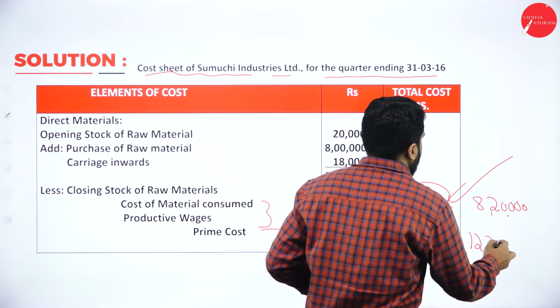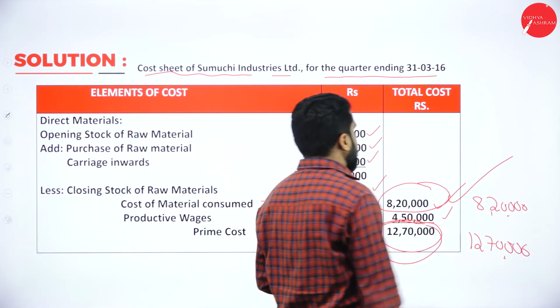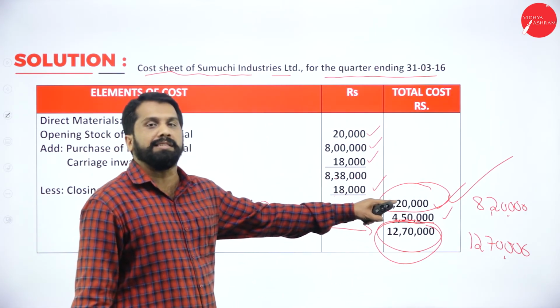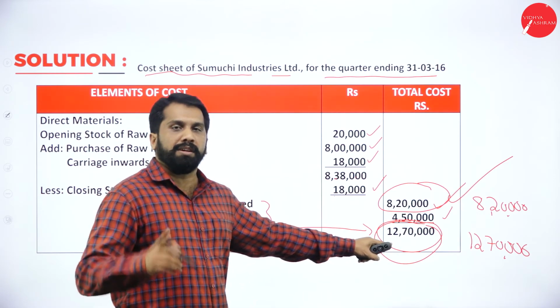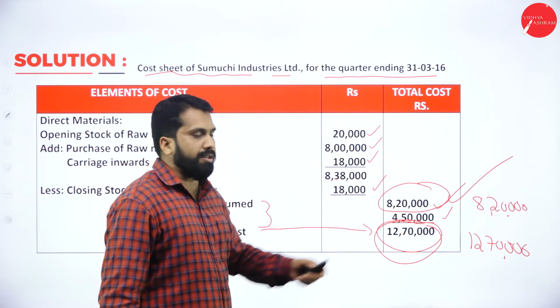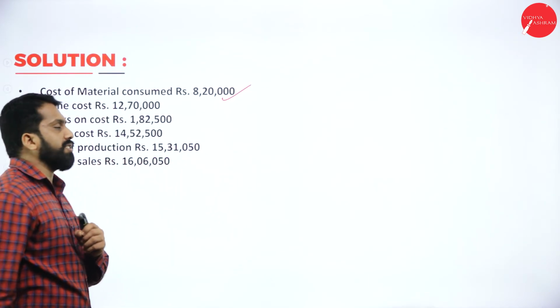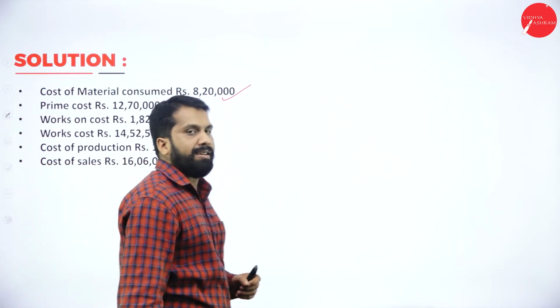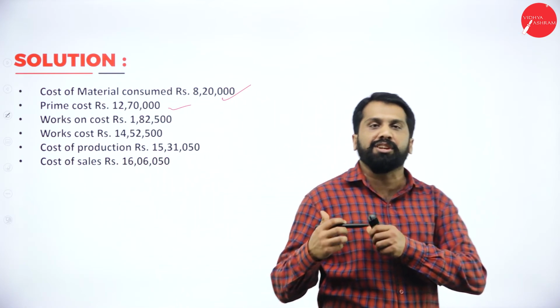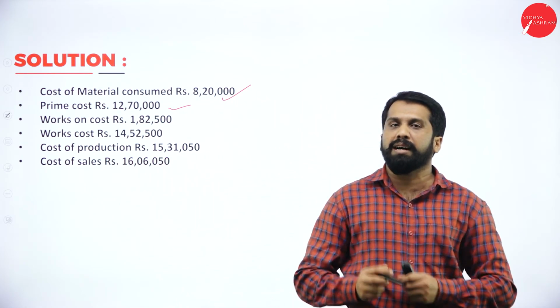Second one, 12,70,000. This is the cost of raw material consumed. This is your prime cost. Remember, 8,20,000 raw material consumed, 12,70,000 is your prime cost. It is just a summary of your answer.